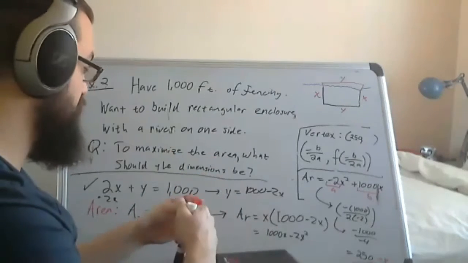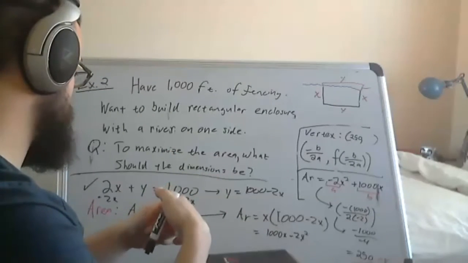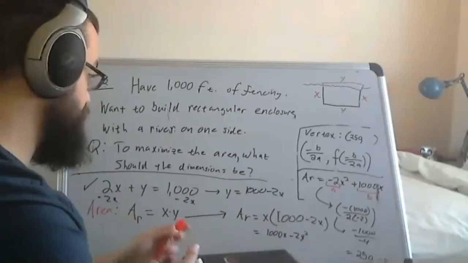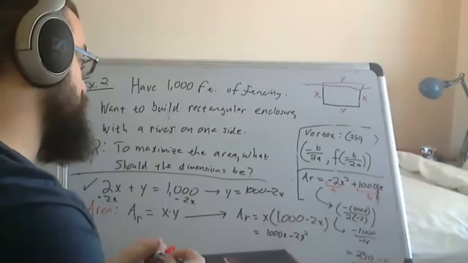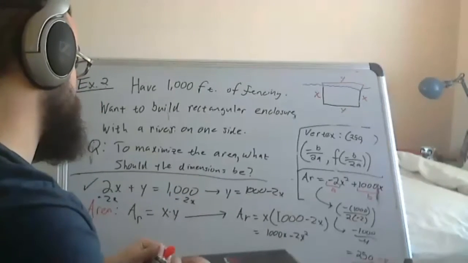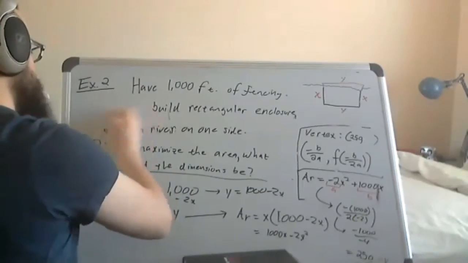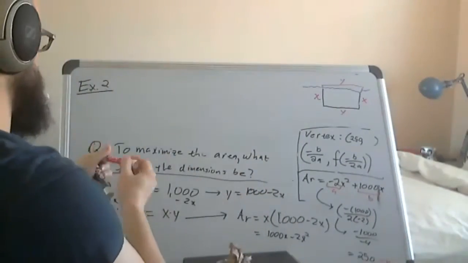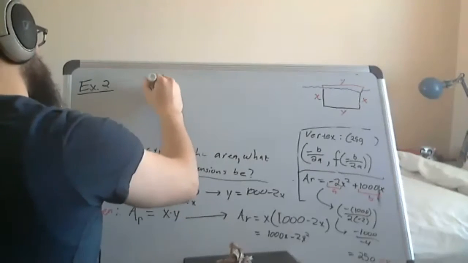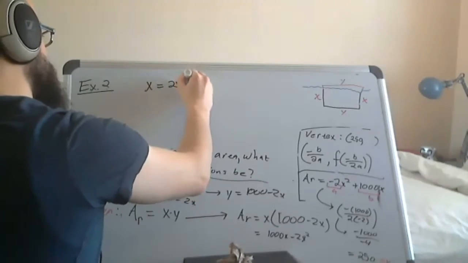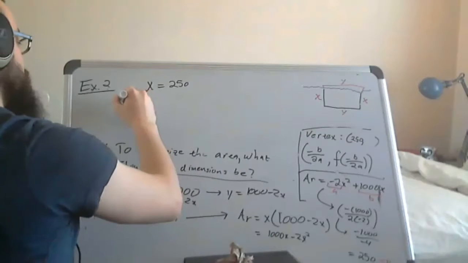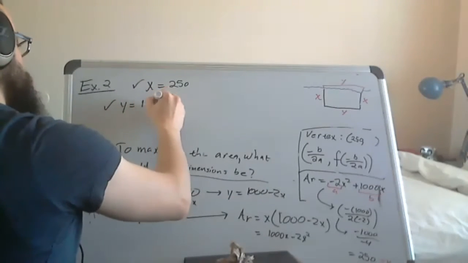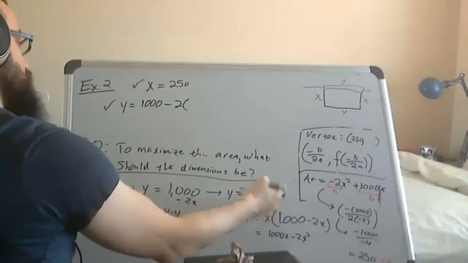And we already have a relationship between x and y. So, I'm going to erase this stuff. We know that x is 250. We also have that y equals 1,000 minus 2 times x.